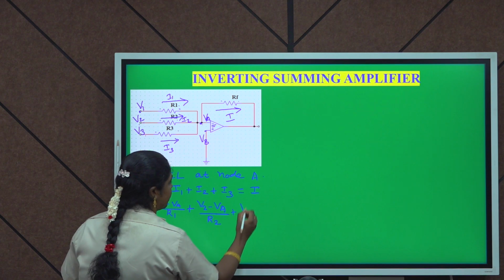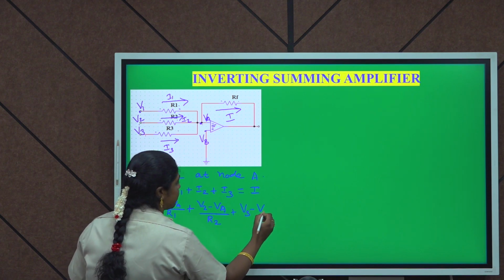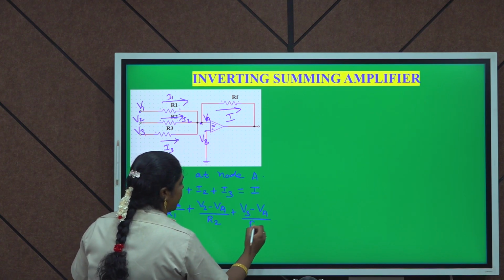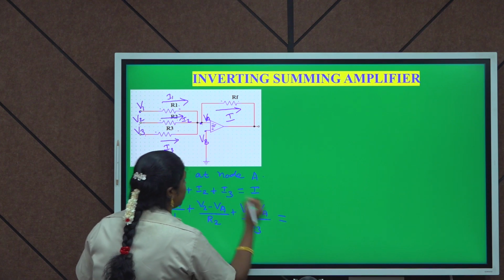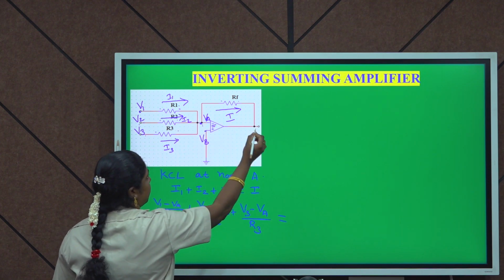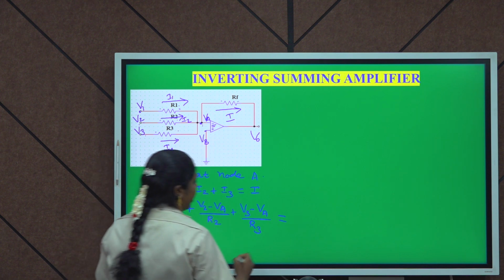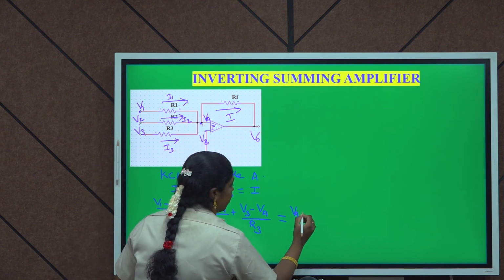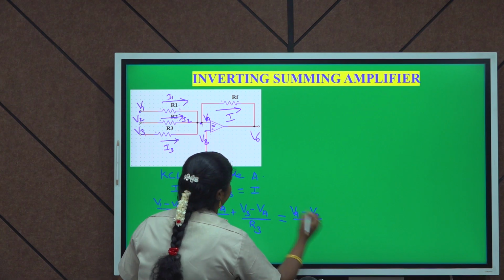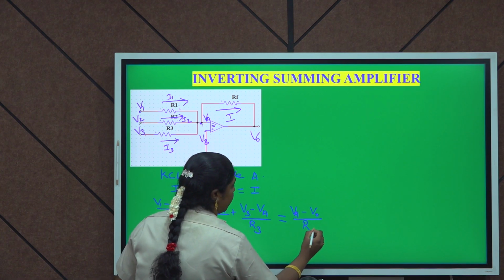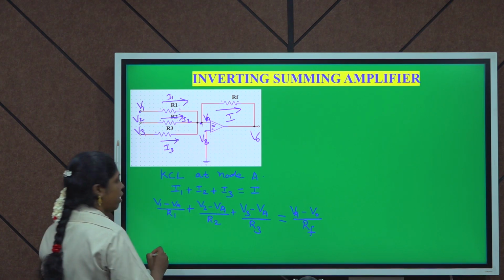For I3, similarly (V3 minus VA) divided by R3, which is equal to, for I, (VA minus output voltage V0) divided by the feedback resistor RF.